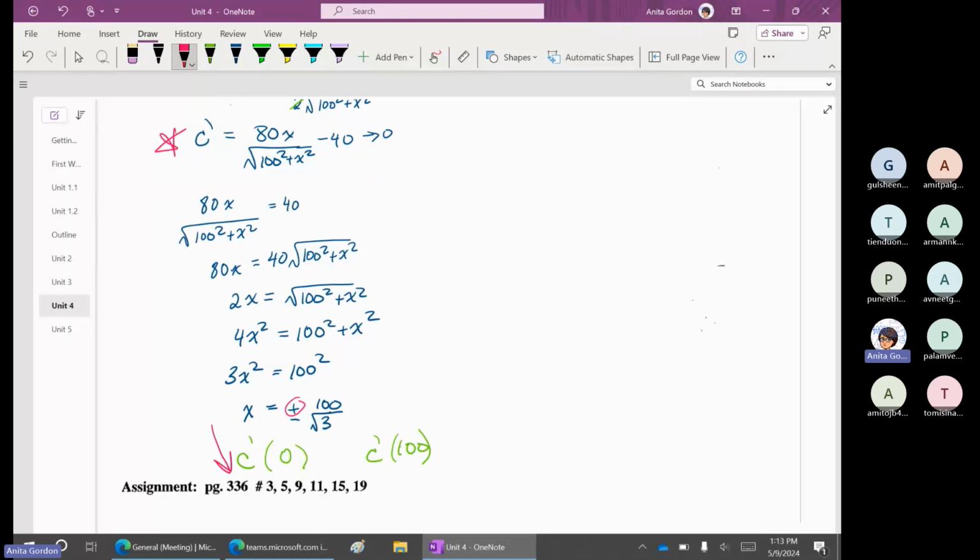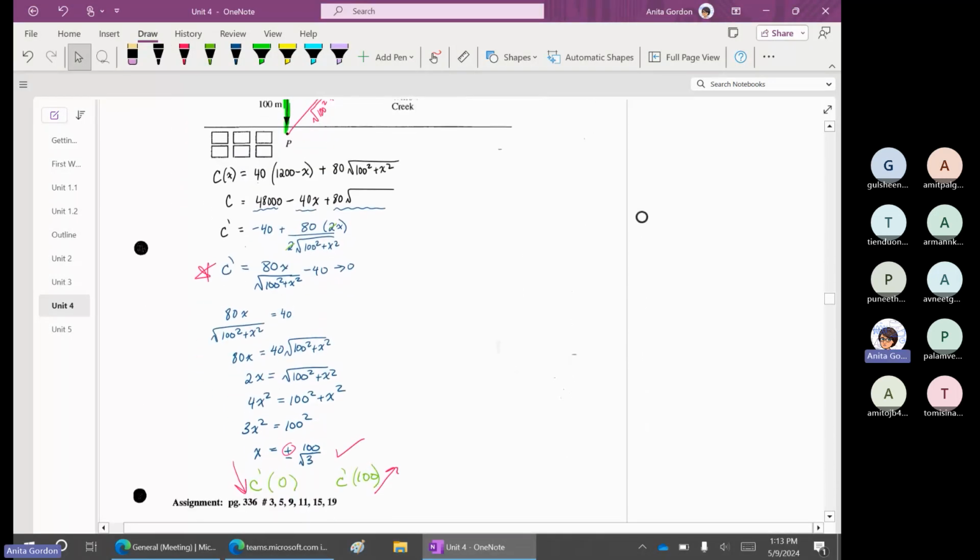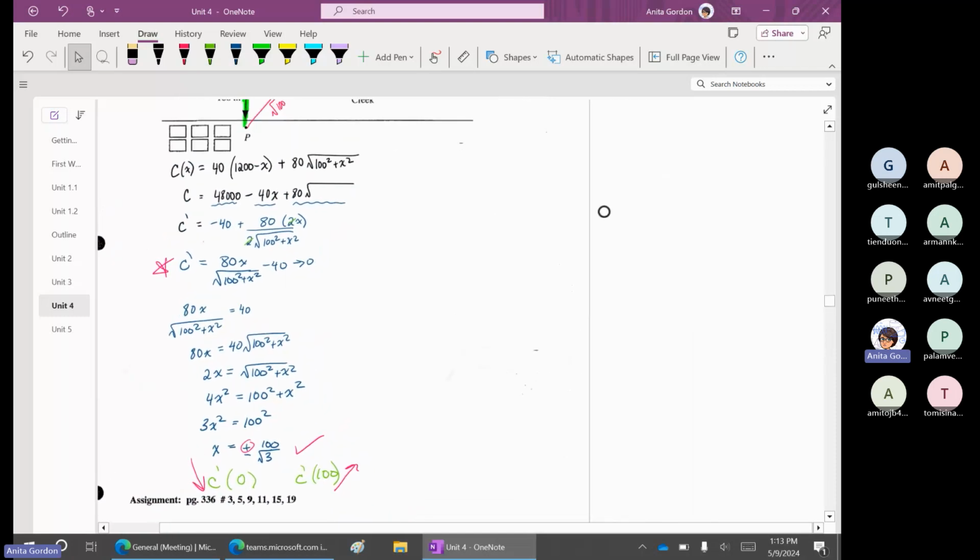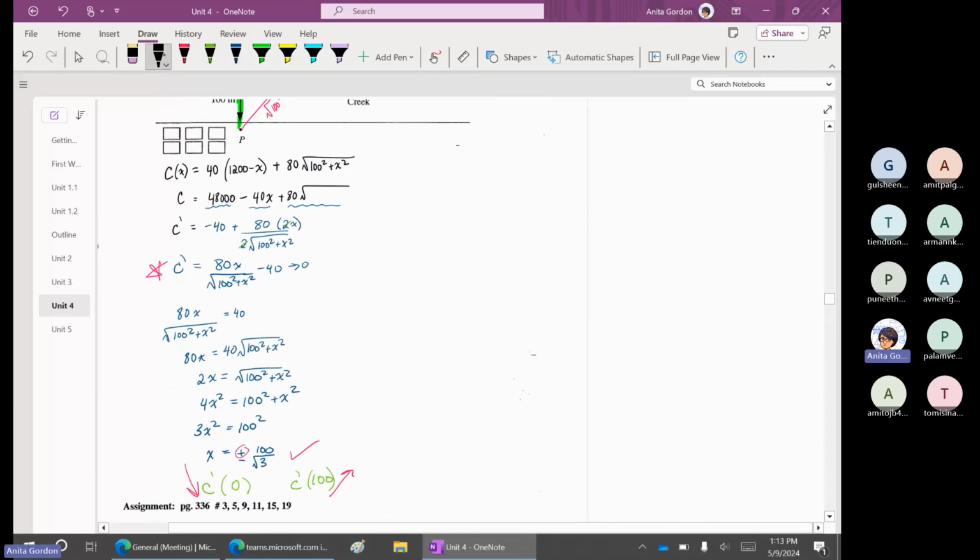It means my function is decreasing. If I put 100 in there, I get a positive number, so it means it's increasing. Okay, so we have found the minimum, right? We always need to confirm. Don't ever take the critical points for granted. So, conclusion, therefore, x must equal 100 over root 3.